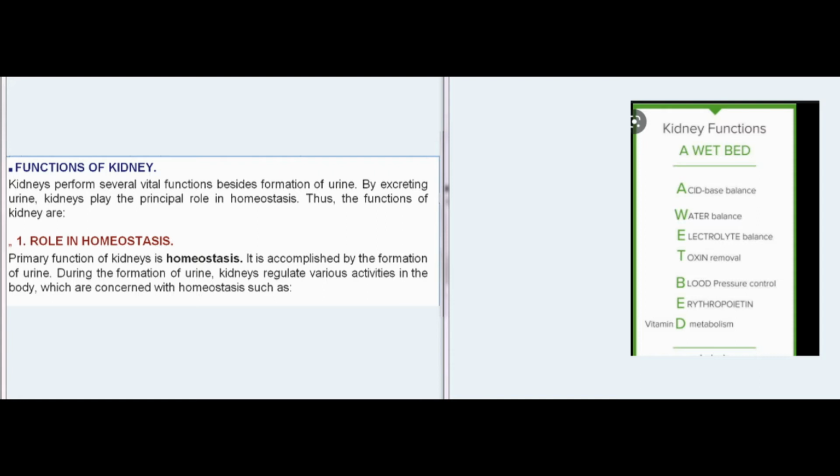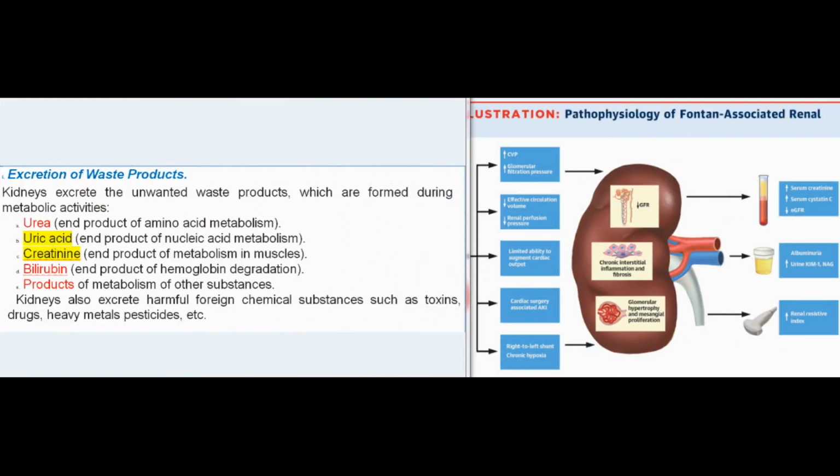During the formation of urine, kidneys regulate various activities in the body, which are concerned with homeostasis, such as excretion of waste products.